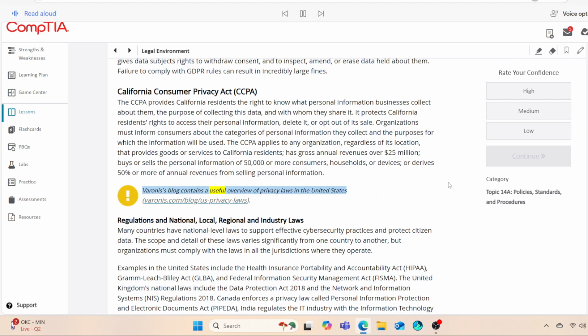Verones' blog contains a useful overview of privacy laws in the United States, verones.com/blog/us-privacy-laws.